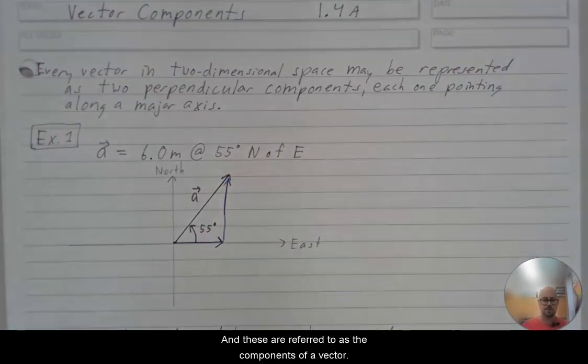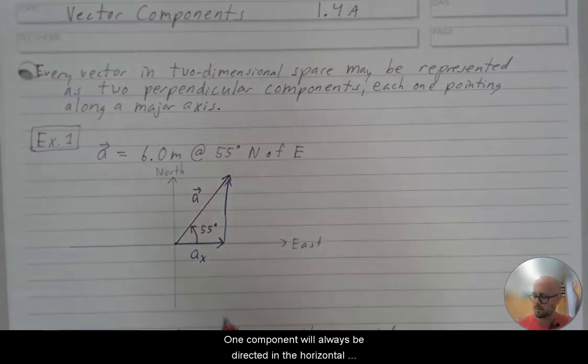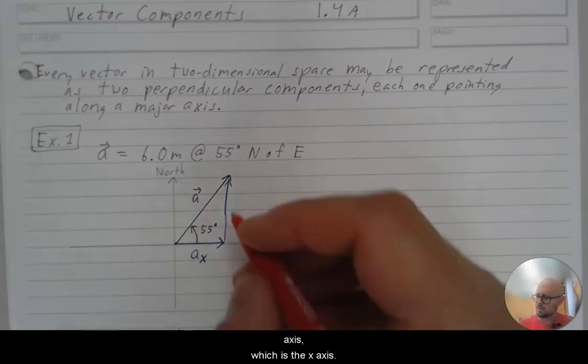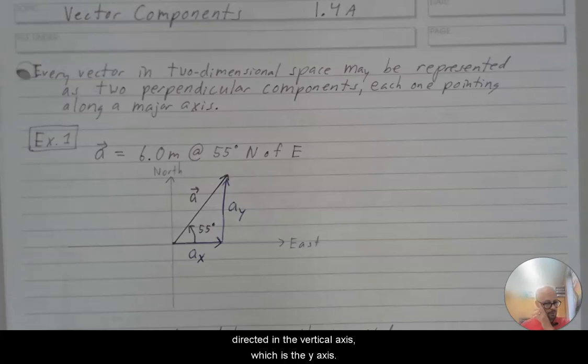These are referred to as the components of a vector. One component will always be directed in the horizontal axis, which is the x-axis, and the other component will always be directed in the vertical axis, which is the y-axis. That's how we think about vector components.